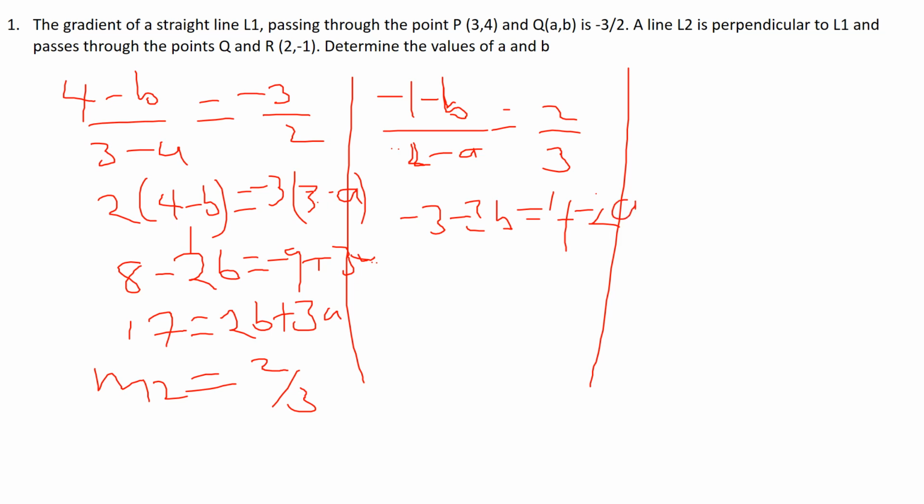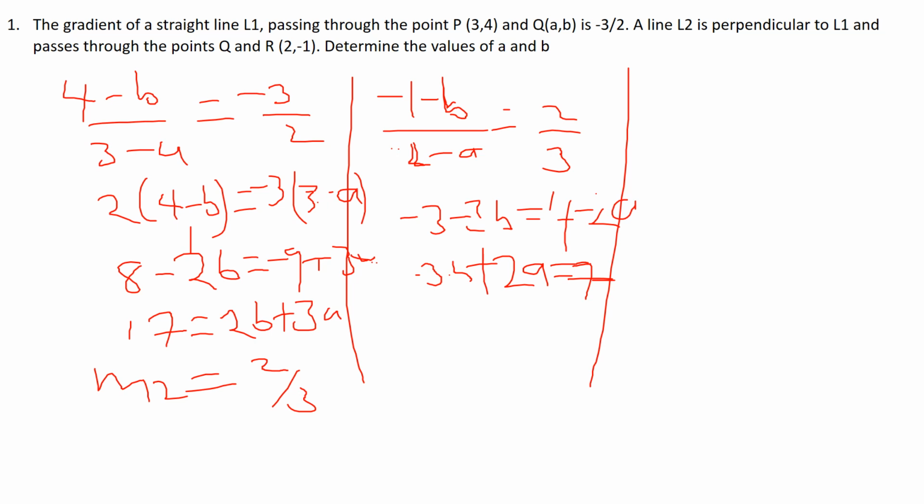So in this case, our equation becomes negative 3b plus 2a is equals to positive 7. So now I have the two equations.